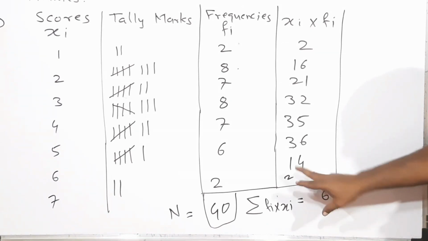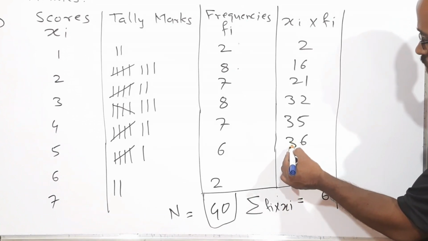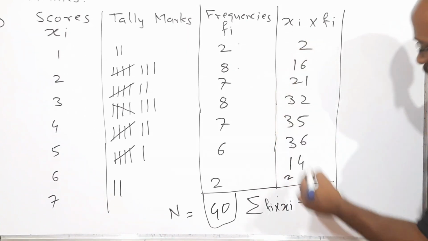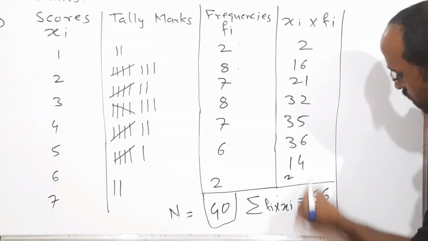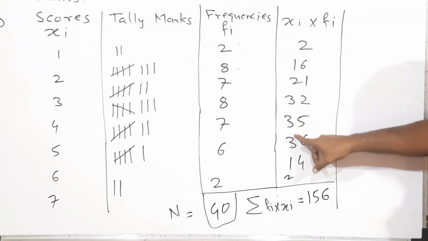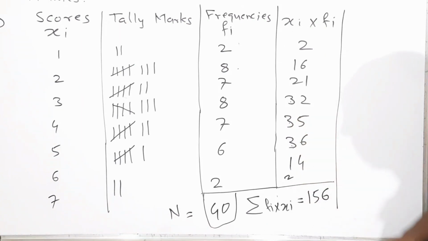So 6 is there, 2 is carried. 2 plus 1, 3, 3 ones are 3, 3 twos are 6, 3 threes are 9, 3 fours are 12, 3 fives are 15. So summation is 156. 1 plus 2, 3, plus 3, 6, plus 3, 9, plus 3, 12, 13, 14, 15, 156. Summation is 156.